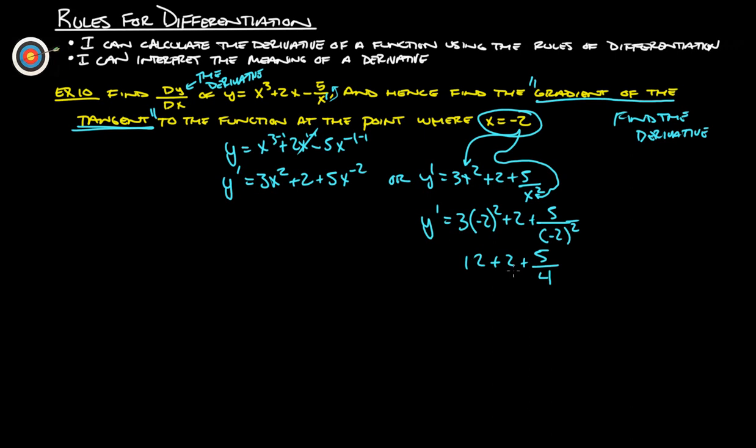So that's 12, 13, 14, 15, and because 5/4 is 1 1/4, or better yet, 1.25, so that's 15.25. That is the slope of the line when x equals -2 of this function here.